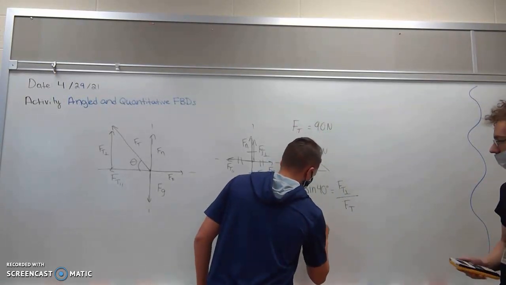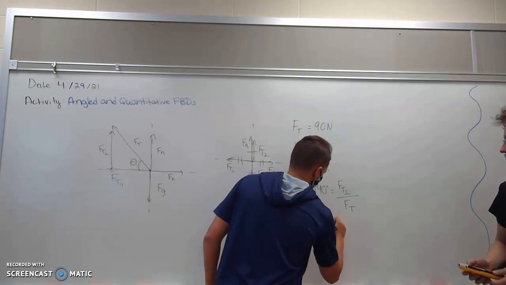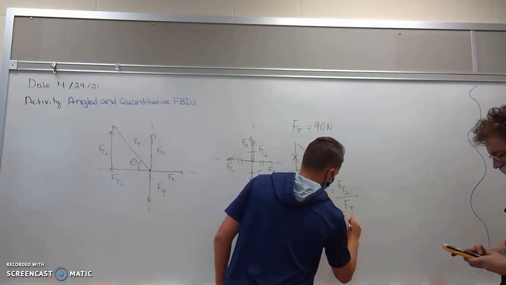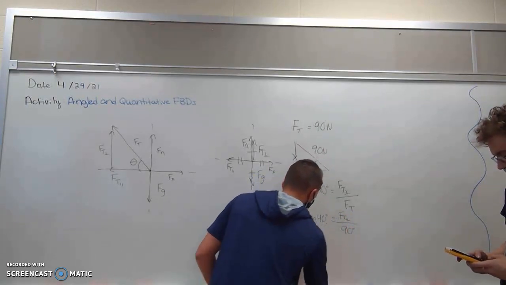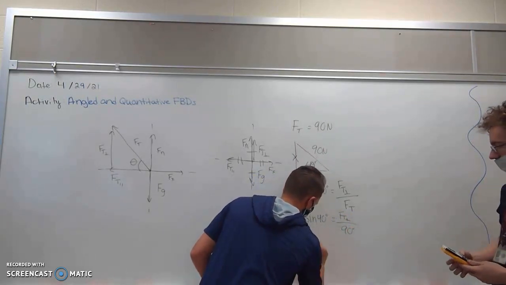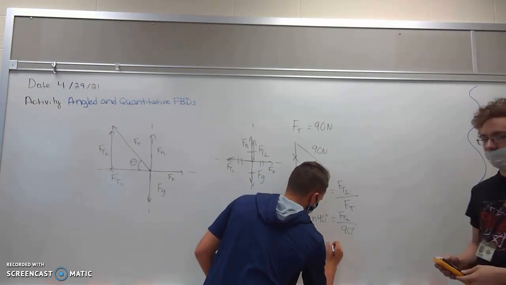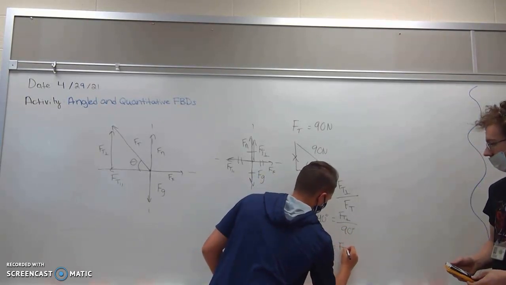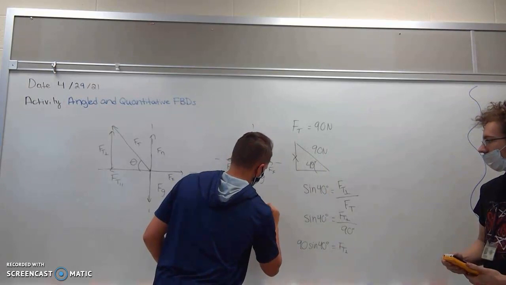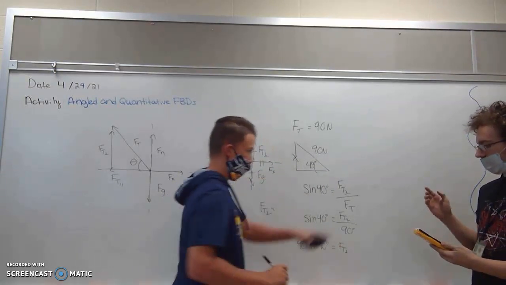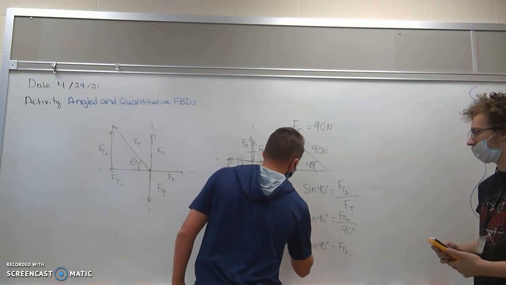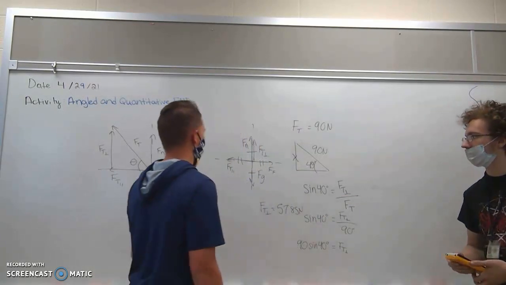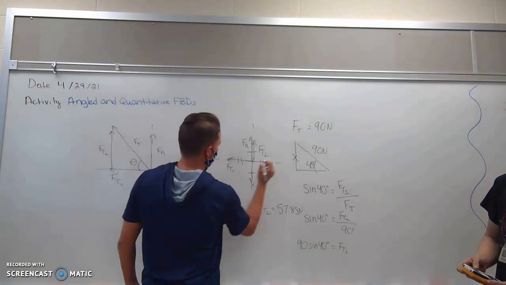Sine of 40 degrees is equal to force of tension perpendicular over 90, and then 90 sine of 40 makes your force of tension in the perpendicular 57.85 newtons. So that would be here.